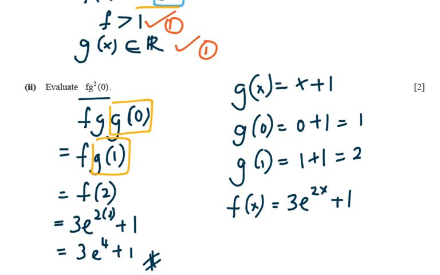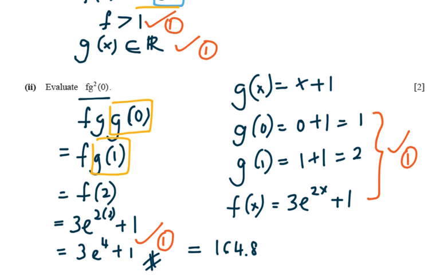Your attempt to get any of these values will give you 1 mark. Lastly, your final answer will give you another 1 mark. To add on this, you can actually write your answer in decimal, where 164.8, but please leave your answer in 3 significant figures. It will also give you 1 mark for the final answer.